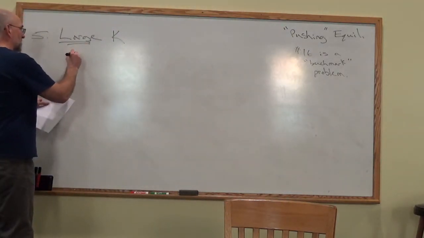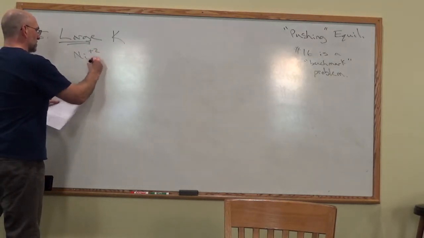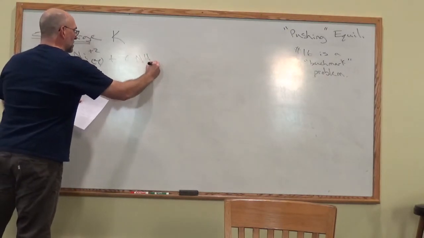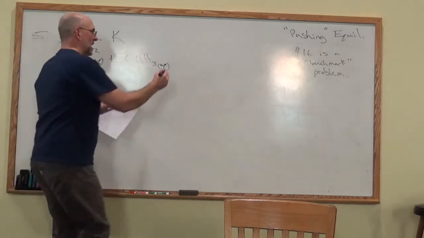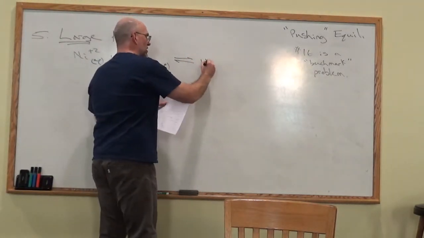In this case, we're taking nickel with a positive 2 charge and 6 ammonia ligands. It's a monodentate ligand, and it's an equilibrium with a complex ion.